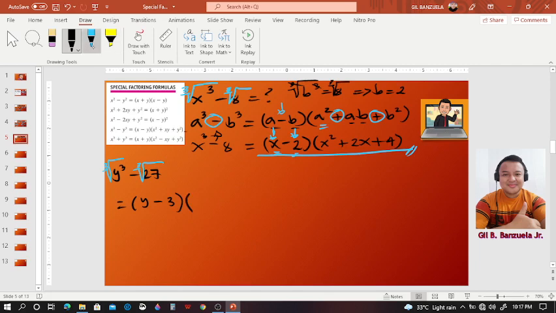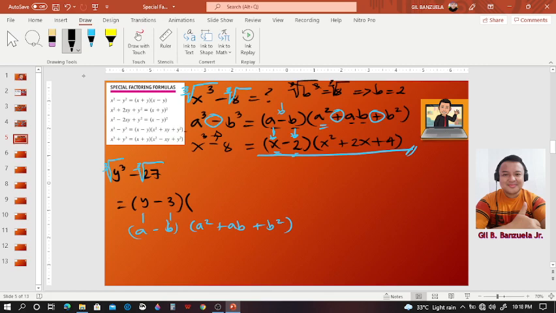This is your a. This is your b. So in here, what we expect is a squared plus the product of a and b. Sorry for that. Plus the square of b. So this is the expected answer. We simply plug in the value of a, which is y, and b, which is 3, in this pattern.